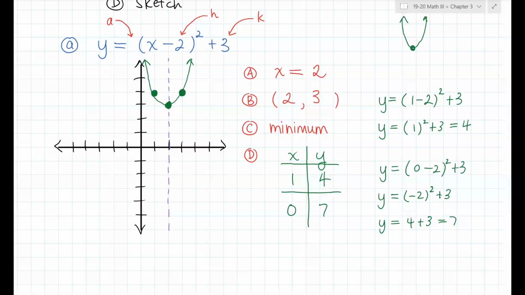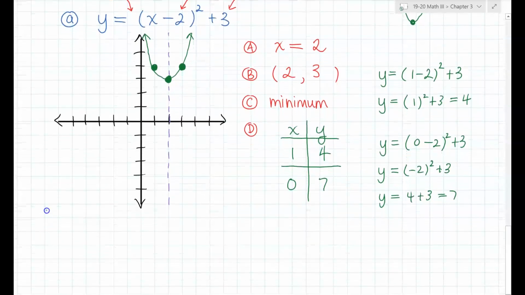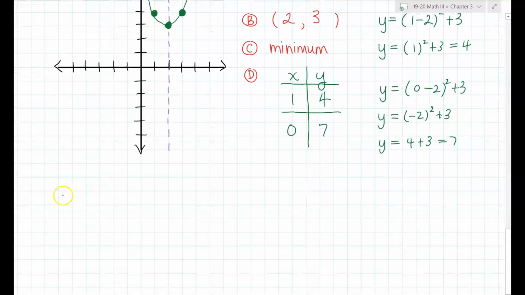Okay. Now for part B, we're going to do another problem, but this time we're going to make it flip around. So B, we have y equals, let's try a negative 2 times (x minus 1) squared plus 1. We'll do a plus 1, sorry, and we'll do a minus 1 out here, just in case. Let's just try to make it look a little different than the other one.